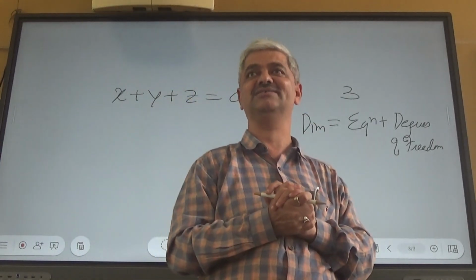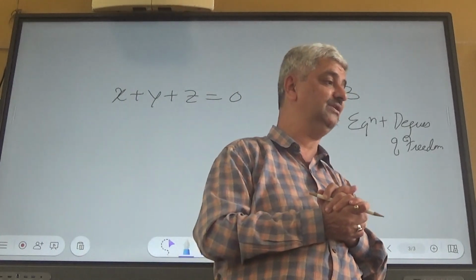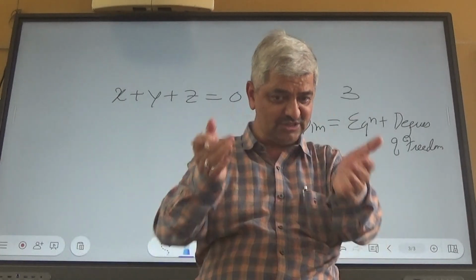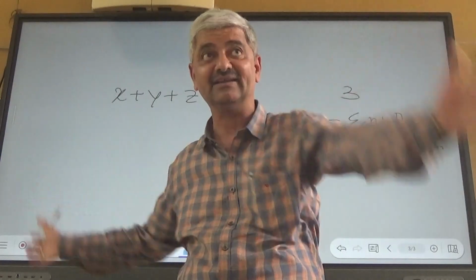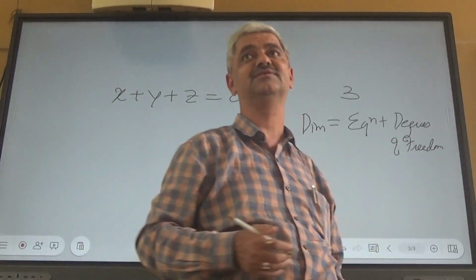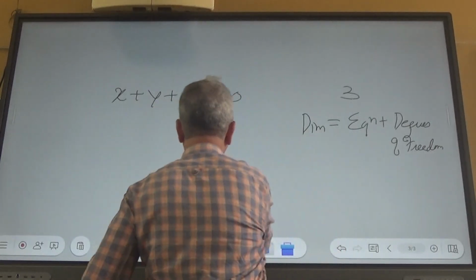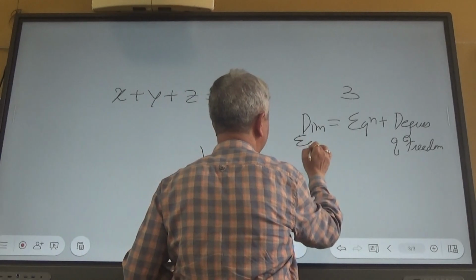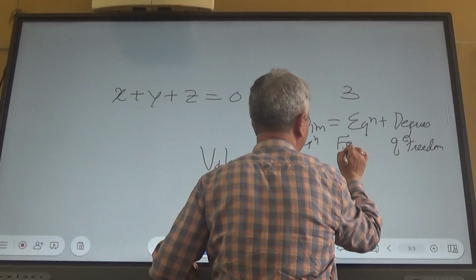When nothing was prescribed, there were 3 degrees of freedom, he could be anywhere. Now when something is prescribed, there are 2 degrees of freedom. So entire volume: equations 0, degrees of freedom 3.